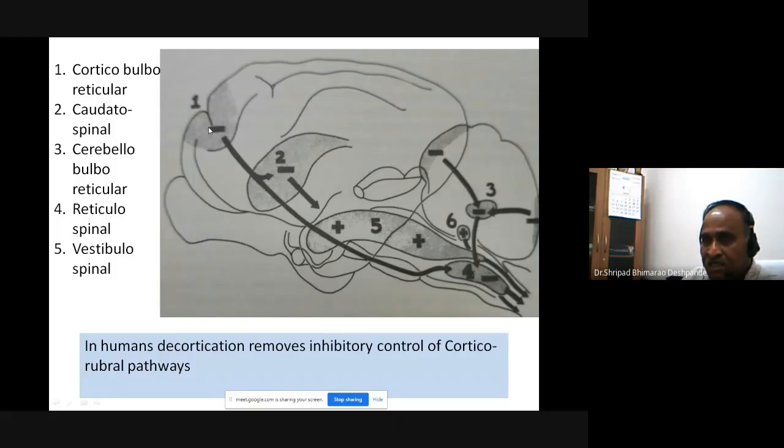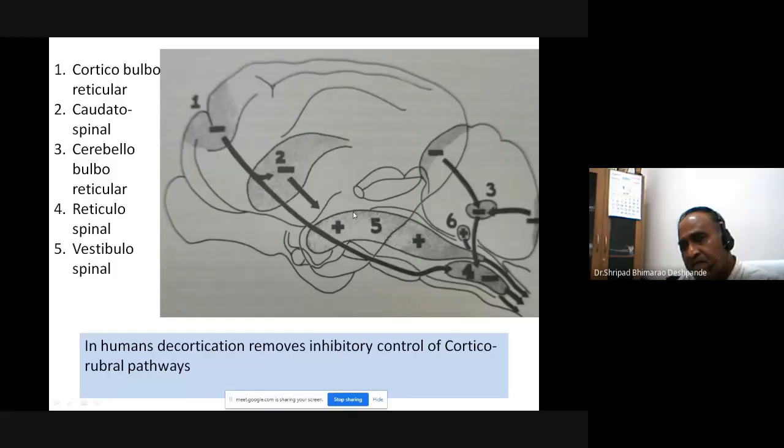And the basal ganglia is suppressing this, the ponto-midbrain mesencephalic reticular system. This is an excitatory or facilitatory reticular system. This is number 5. This is sending increased impulses, and this is suppressing that. So suppression of suppression means it releases. So you can just see that it is released.